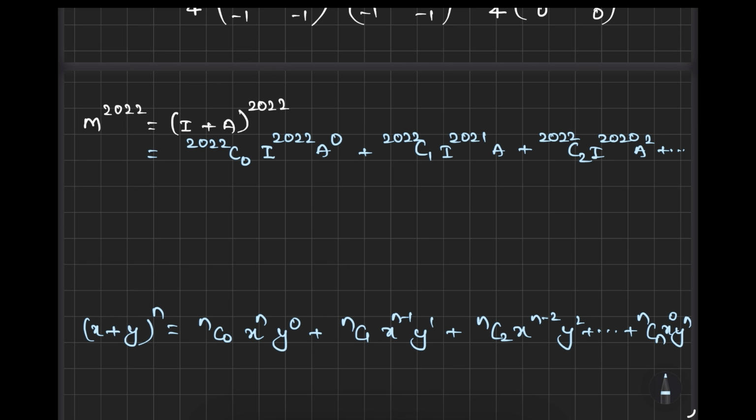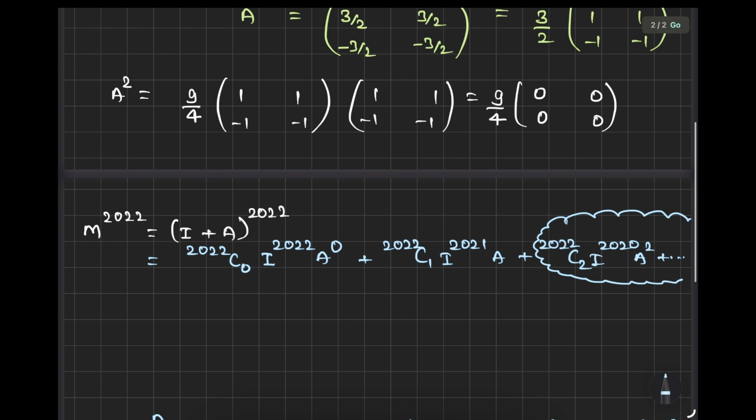If you observe, after this element every element will contain A square, so that will become 0 because A square is the zero matrix, correct? So these terms will become 0.